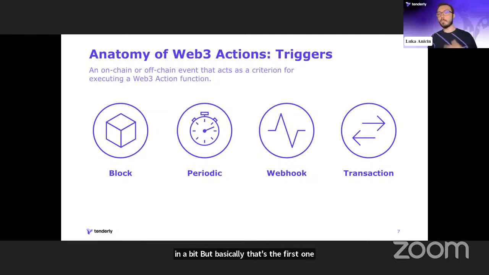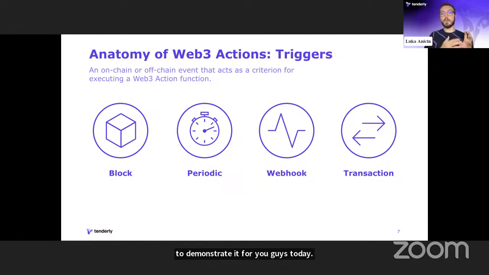The periodic, if you work with cron jobs, well, that's basically that. It's a timer. You set when you want to run your code. It can be daily, monthly sometimes, or multiple times a day. Webhook, it's a self-explanatory one. And finally, we have a transaction. In my opinion, it's the most interesting one, and that's why I chose to demonstrate it for you guys today. It will tune in to the transactions on a chain.